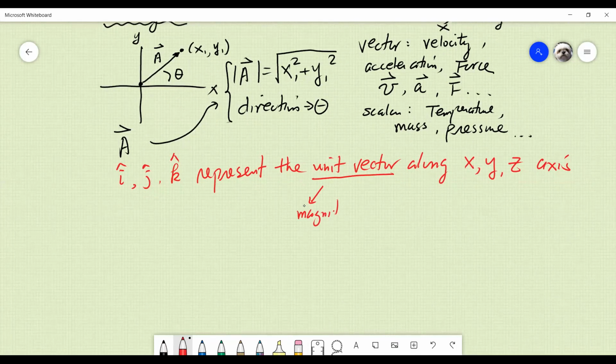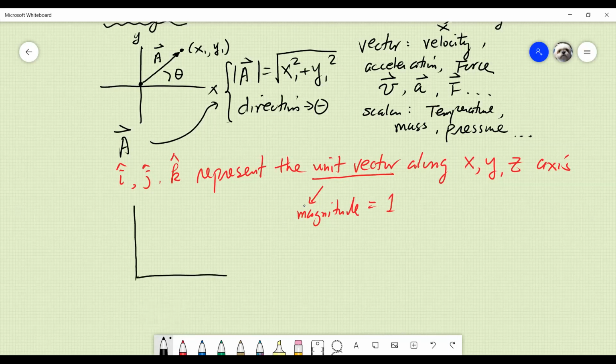So if I want to represent IJK, let's say I'm going to draw the X, Y, and Z axes, right? X, Y, Z, right? Remember the X, Y, Z always rotate that way.